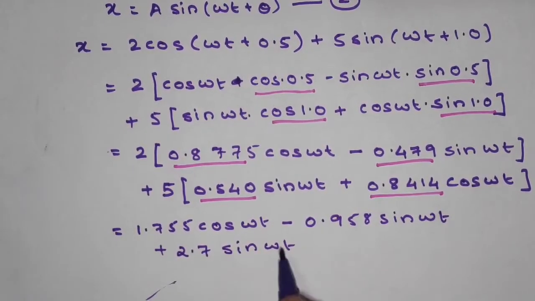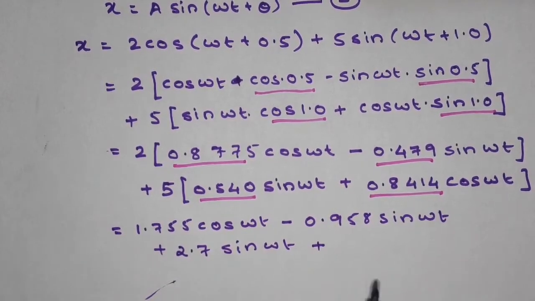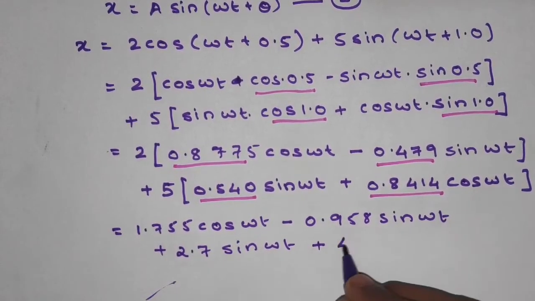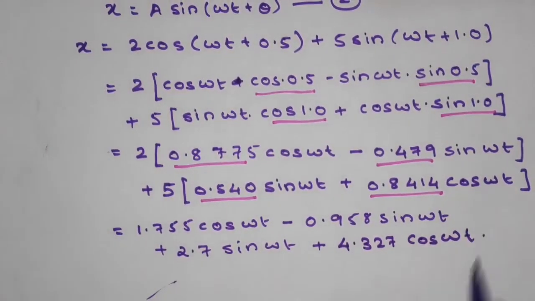This plus term is there. Plus 5 into 0.8414, which is 4.327. So cos ωt remains as it is.